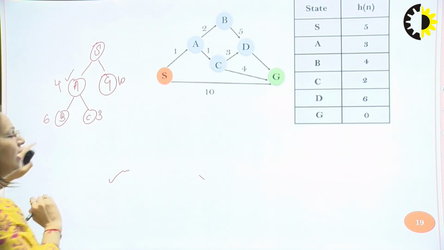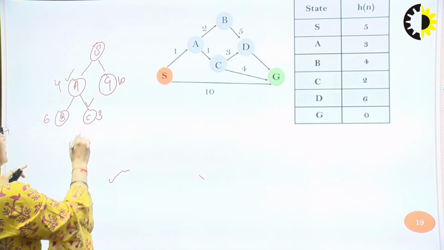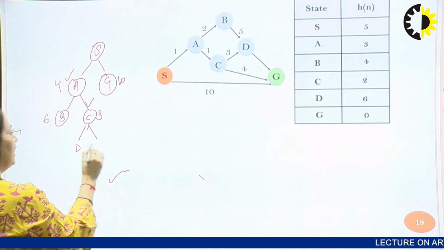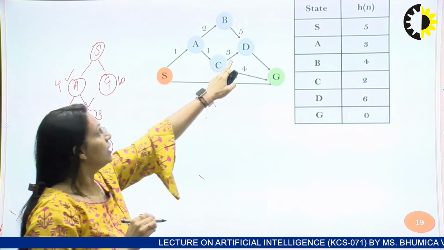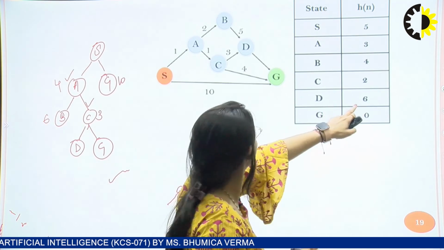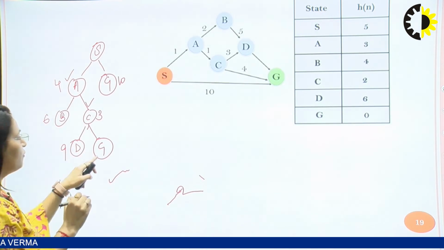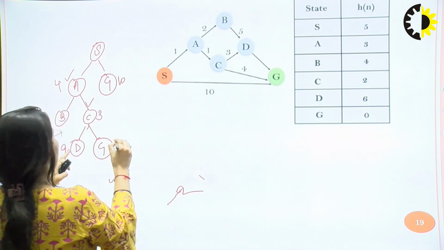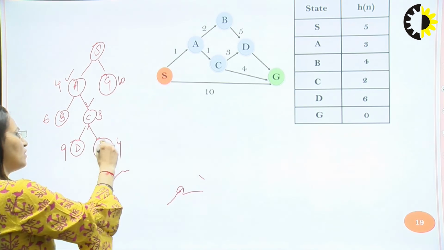I'll go with this path, that is A to C. Then choosing C, I'll check its successors, that is D and G. Calculating the Fn value for D: C to D is 3 and the Hn value of D to G is 6, that means 9. And for G, C to G is 4 plus 0, that means 4. So in this case, out of 9 and 4, 4 is lesser, so I'll choose this path.